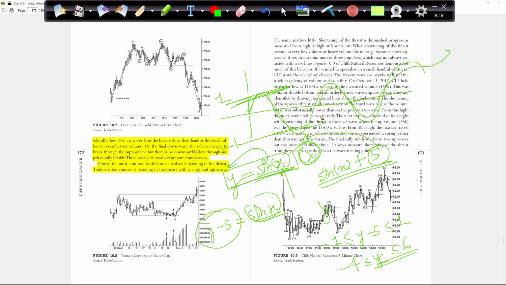All right, now the curve is shifted. Now we have our trading range, and it has also shifted. Now we got bigger waves.